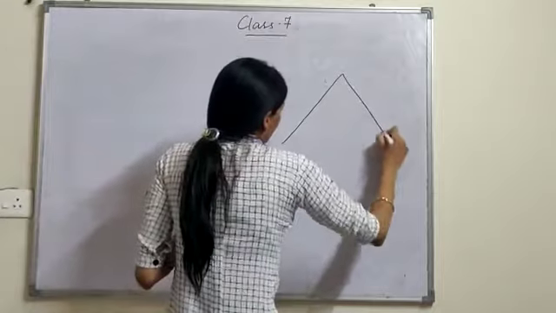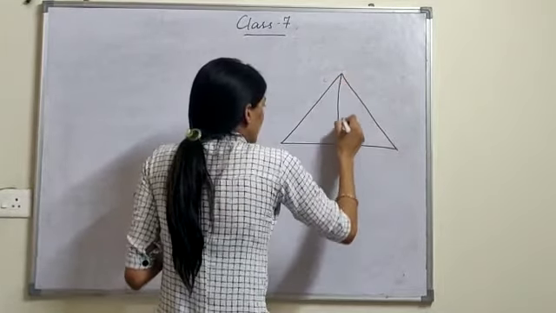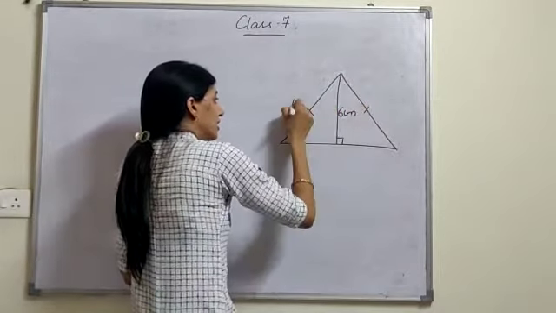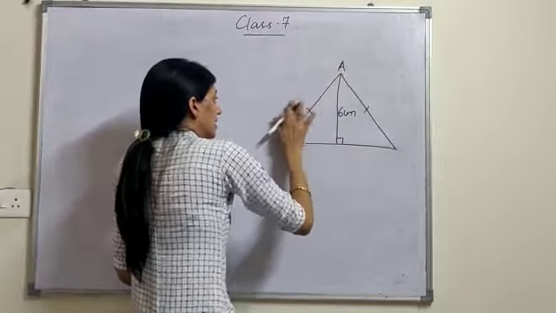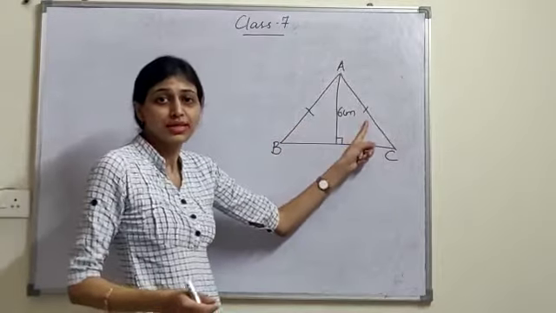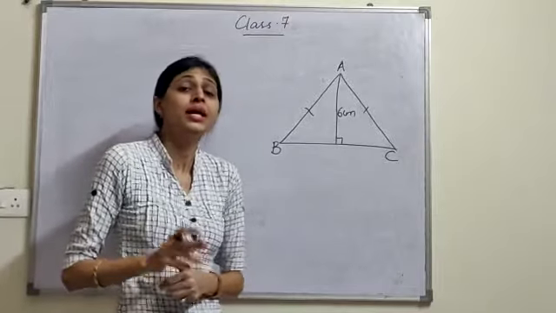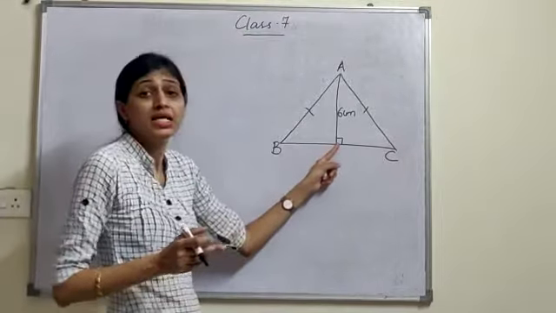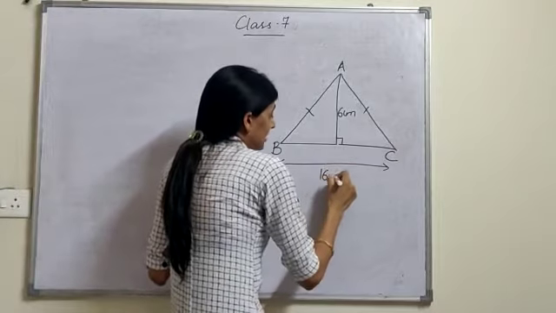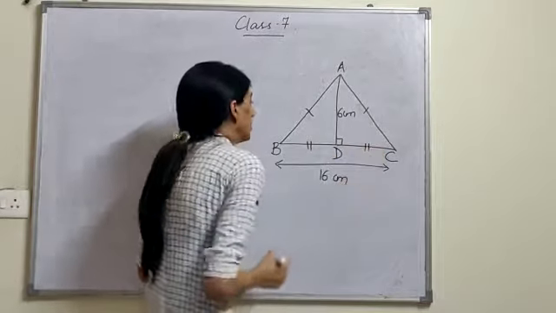Suppose a triangle is given to you and this is the altitude, 6 centimeter. This is an isosceles triangle in which AB is equal to AC and the altitude is 6 centimeter. We know the altitude always falls at 90 degrees. So this angle will be 90 degree. This whole length is given to you, 16 centimeter, and BD is equal to DC.